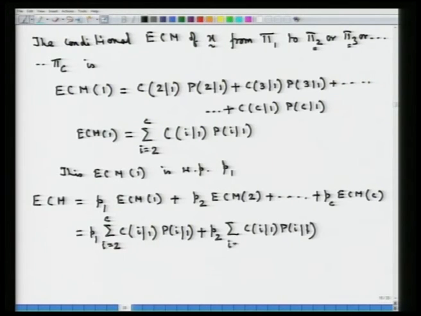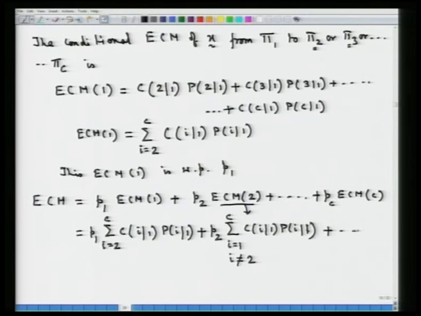This summation i is from 1 up to c, wherein i is not equal to 2, because we are looking at the conditional expected cost of misclassification of x from population 2. This would be the expression when we talk about ECM2.